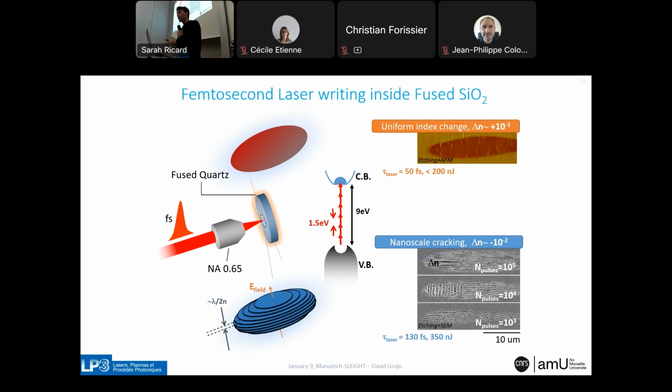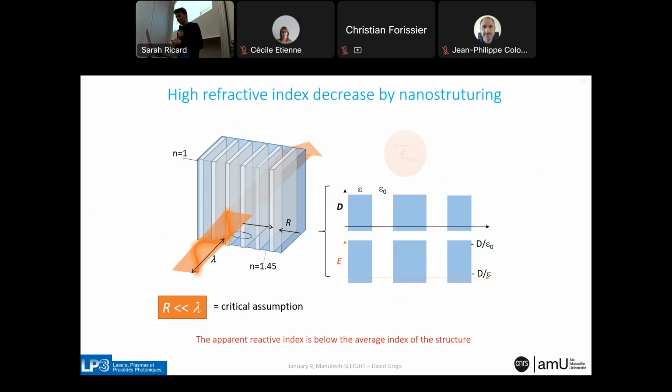The main advantage is that this regime can cause positive index changes, typically 10 to the minus 3, which is ideal to create waveguides. But if you want a higher refractive index change, this regime can be interesting, with also the interesting aspect that most of the time it exhibits a negative index. So then you have the possibility for index engineering inside materials.